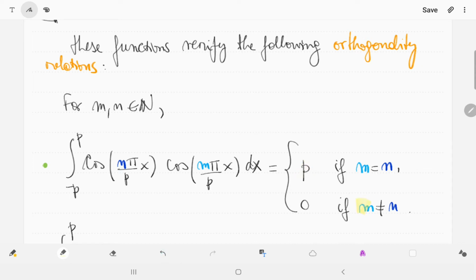And when they are different, we will get 0. So that happens when we pick two cosines with m and n.